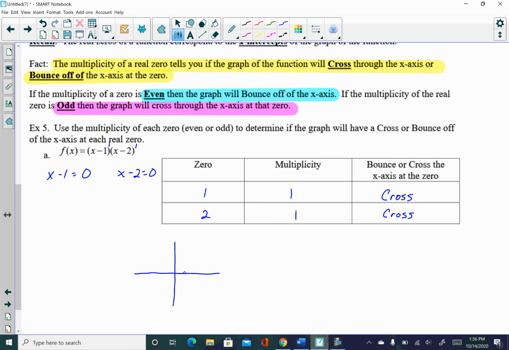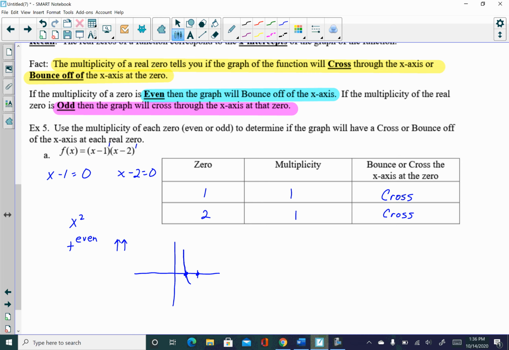Essentially, we know that we have zeros at positive 1 and positive 2. And we can think about end behavior, right? x times x, our leading term here, would be x squared. So this is a positive raised to an even power, so my end behavior here is going to be the same direction, up, up.